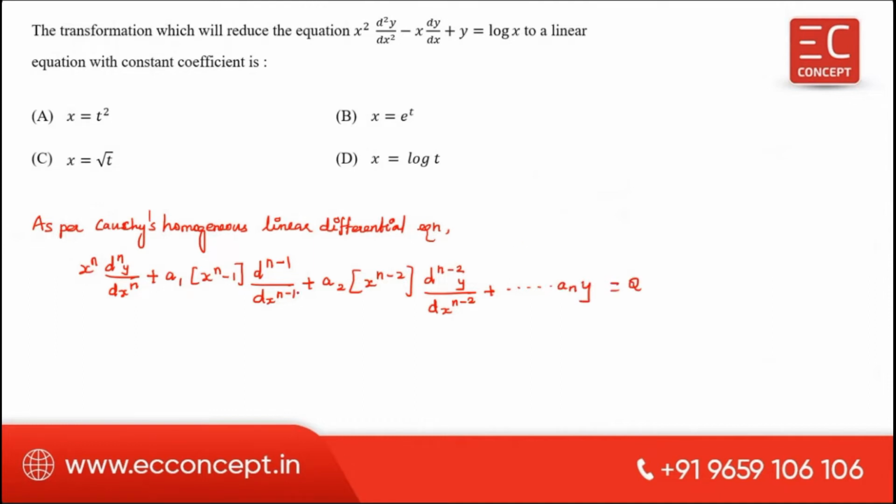So this is the format of Cauchy's homogeneous linear differential equation. Now if you compare this and this, x power n here is x square, so if you put n equal to 2, then you will get an equation like that.